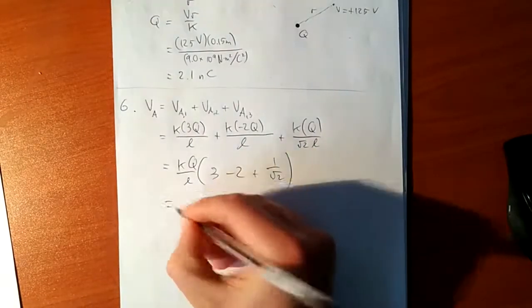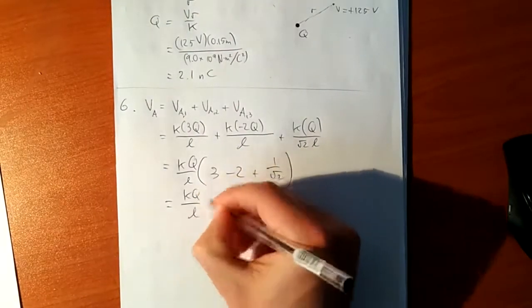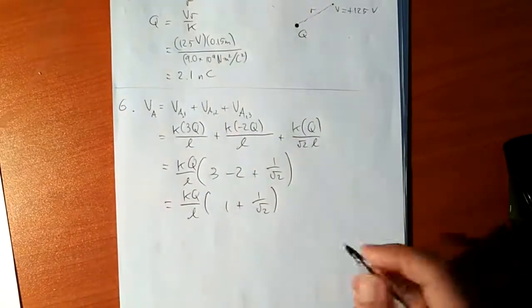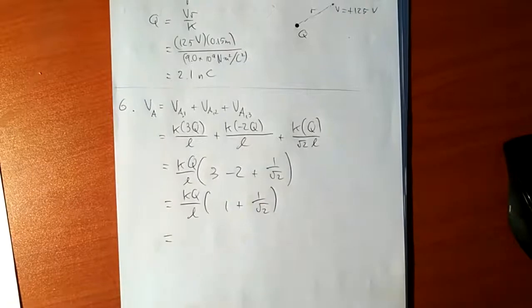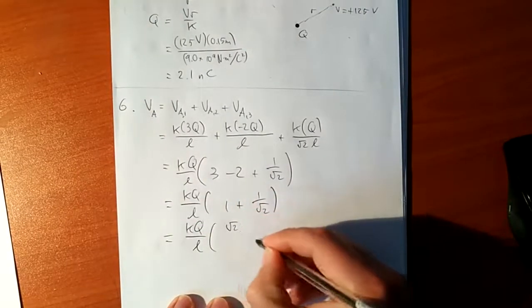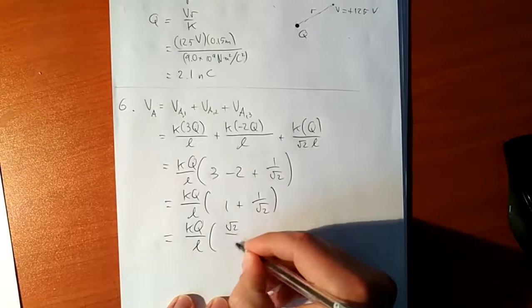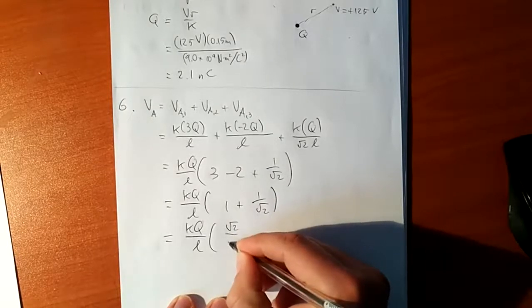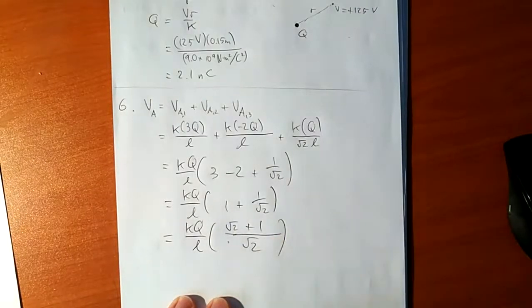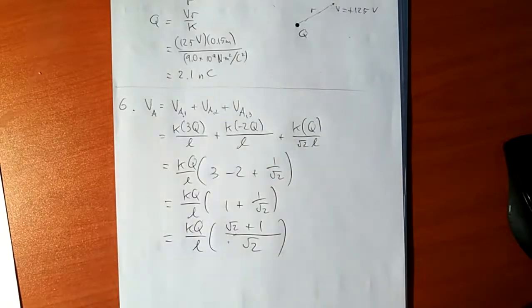Now we just simplify that. So that is KQ over L times 1 plus 1 over square root of 2. Let's add enough steps to explain nicely what we're doing. So let's write this as KQ over L, times square root of 2 over square root of 2. Okay, now I'll just skip that step, square root of 2 plus square root of 2. Like that. And yeah, I think that is simplified enough, and that is good enough for your answer.